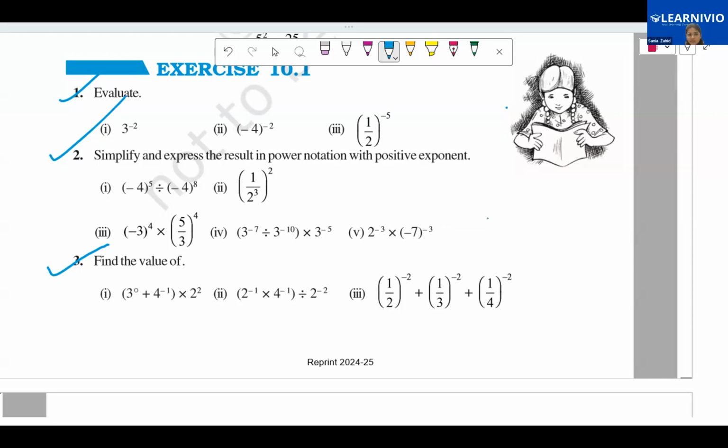Have you completed? I have completed the second question. Simplify and express, third. I'm Mustafa, what about you? Which question are you in?